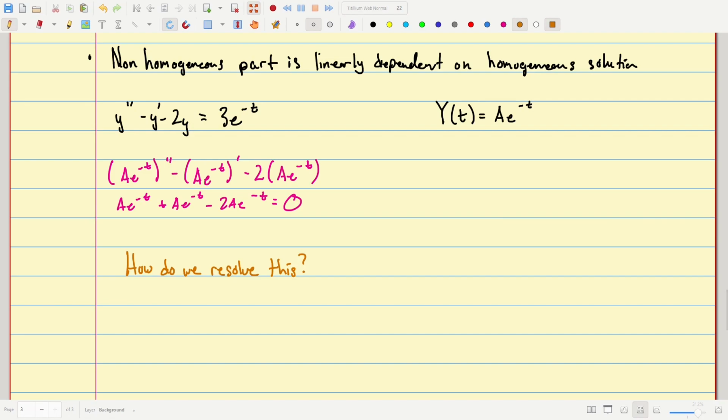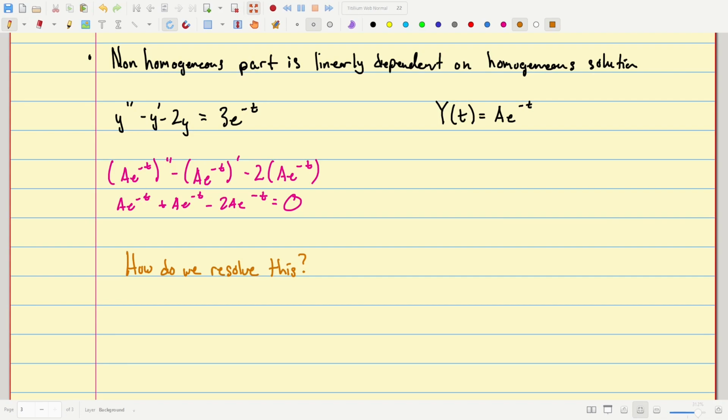We're going to have to figure out some way to adjust this guess so that it can compensate for this strange problem that we have.